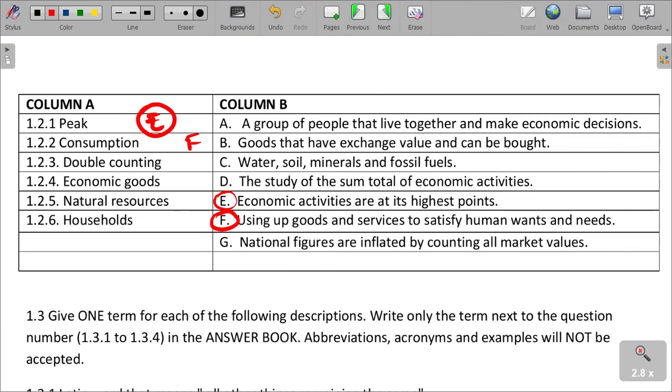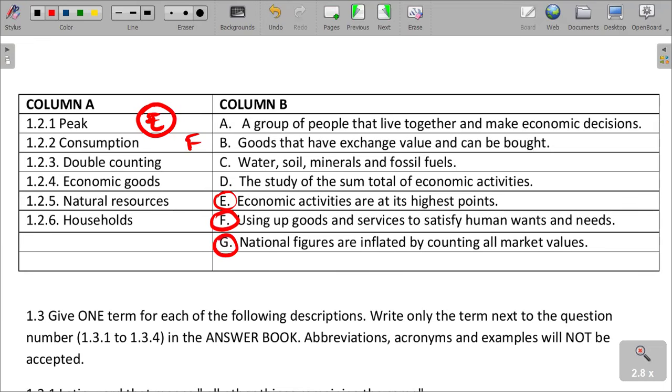Double counting, from the choices that were given, identifies that national figures are inflated by counting all market values.